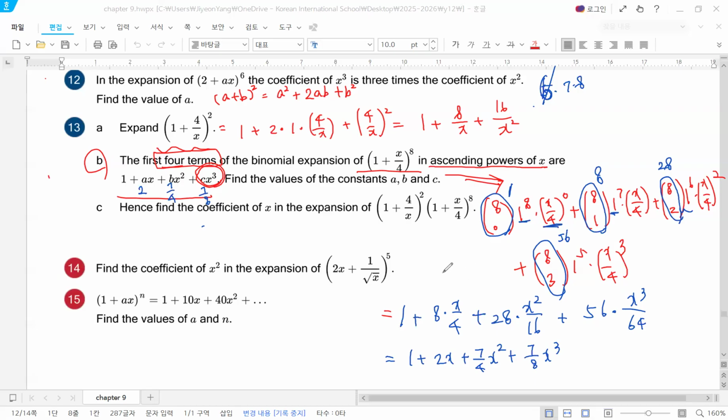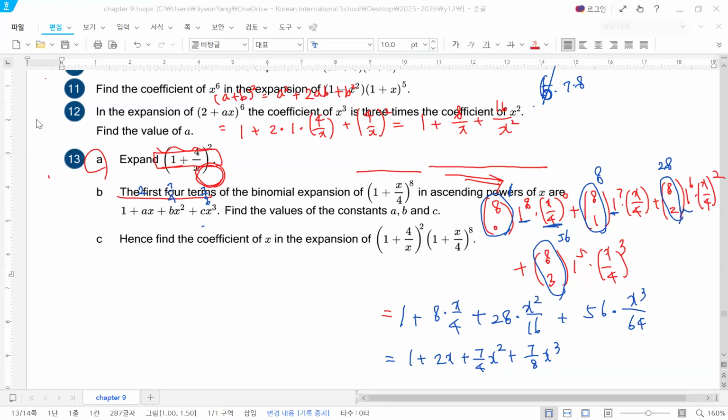And the students, so therefore, let's solve question number C. So by using the expansion which we got from A, you can write it as 1 plus 8 over x plus 16 over x squared.